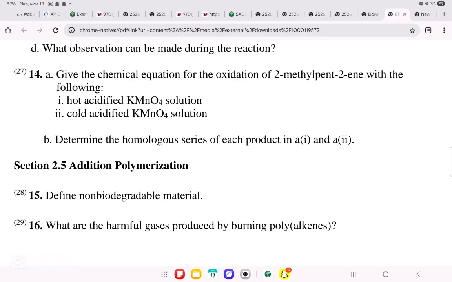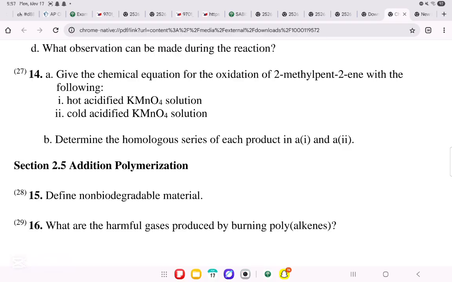With cold dilute acidified KMnO4, it will produce diols. That means something that has 2 OHs, and the purple color of KMnO4 disappears. If it's oxidation with hot concentrated acidified KMnO4, we're going to have a couple of cases.